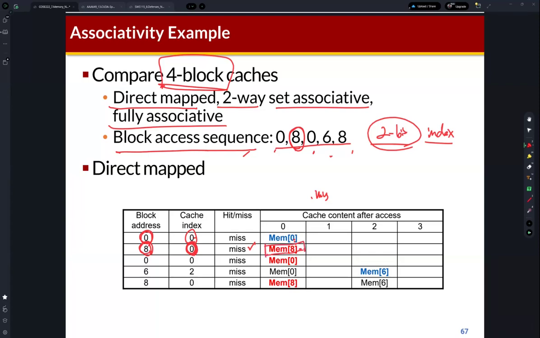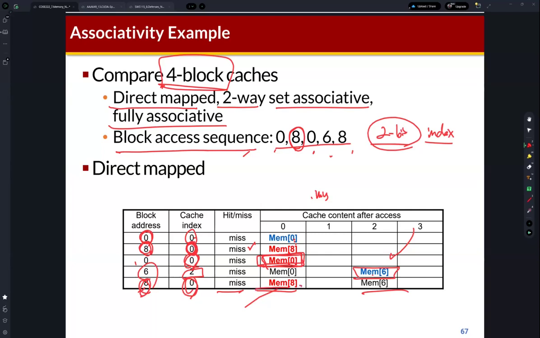And then 0 also is a miss. If the block address is 6, the cache index becomes 2, so it's also a miss, but it's allocated to a different cache block. 8 is also a miss, because it needs to check cache index 0, but cache index 0 includes memory block 0.